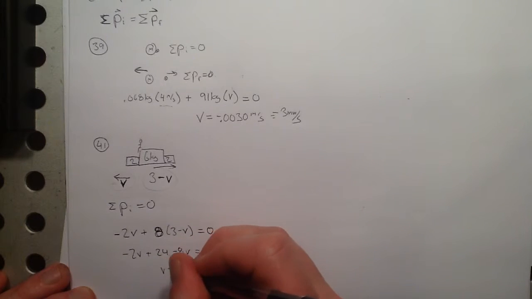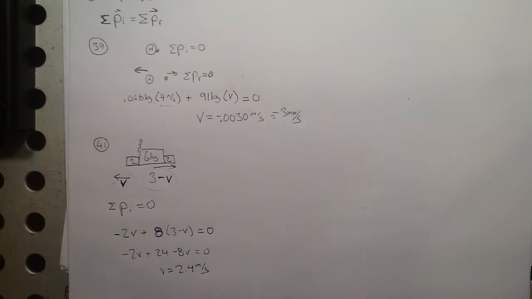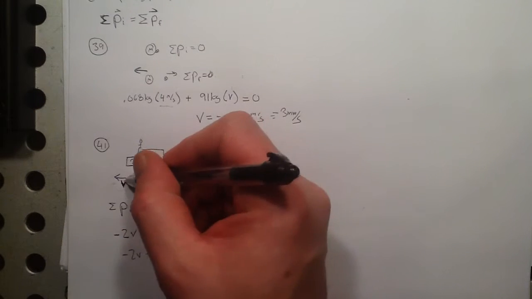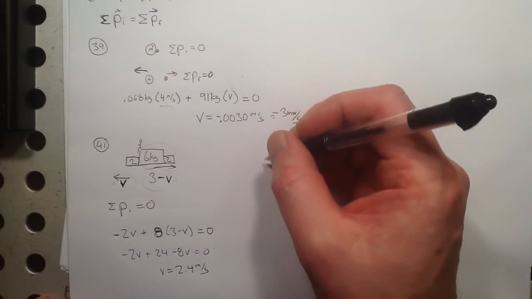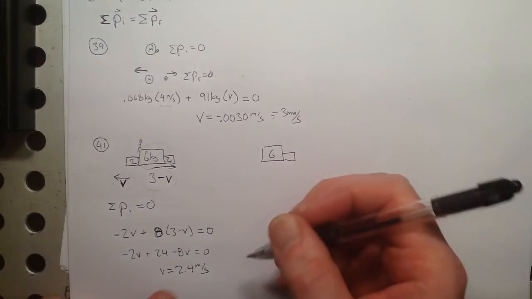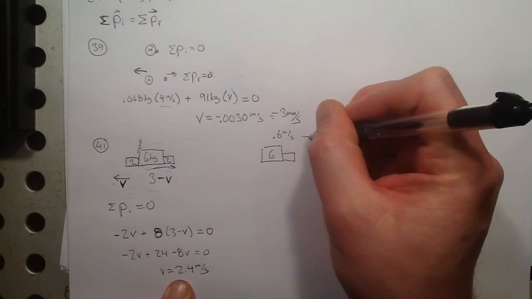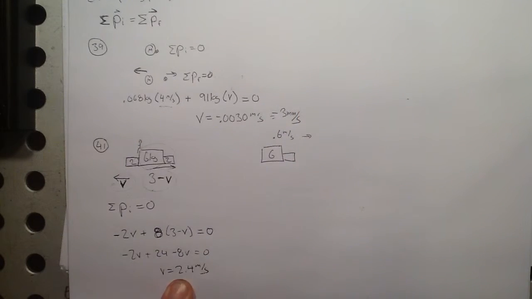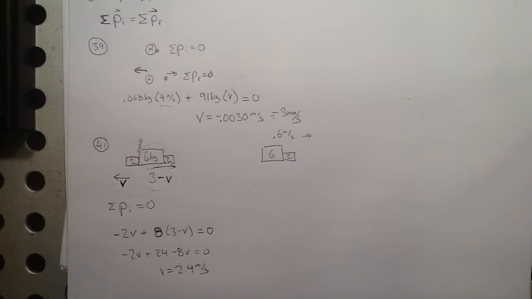It looks like v is going to be 2.4 meters per second. Oh, and that's what the v is, right? That's the velocity of this. So that means these two moving off to the side now, I've got the 6 and the 2, the velocity of those is 0.6 meters per second in this direction, right? 3 minus v. Just be careful that you recognize what you solved for there.